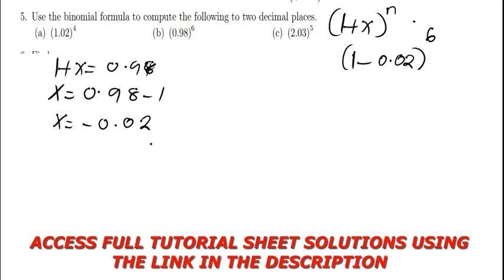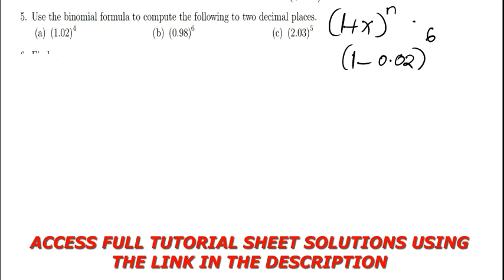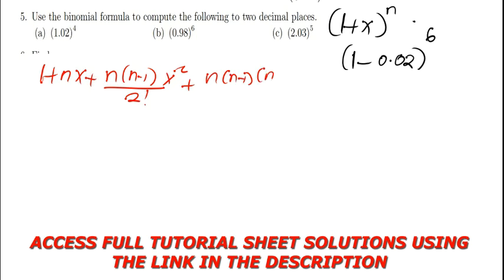Using our formula, remember, nothing is going to change. So what are we going to have? We're going to have 1 plus nx plus n times n minus 1 x squared divided by 2 factorial plus n times n minus 1 times n minus 2 x to the power 3 divided by 3 factorial.